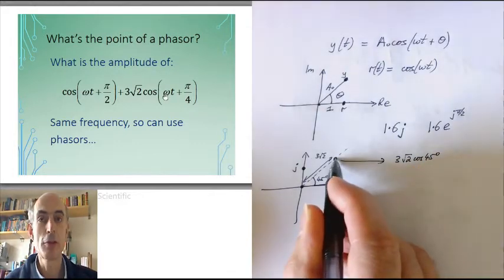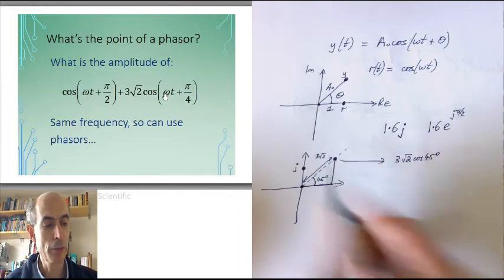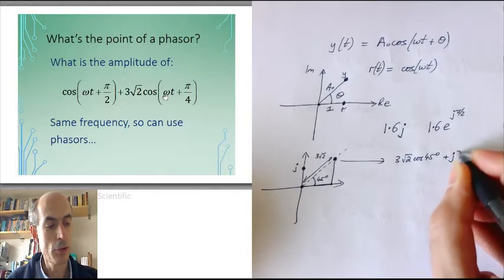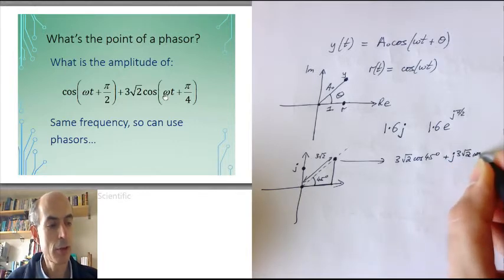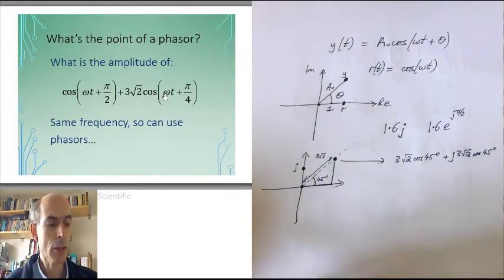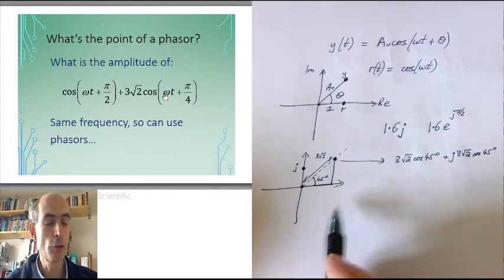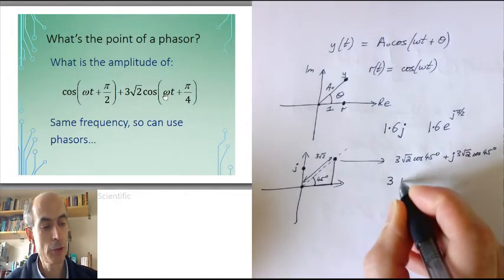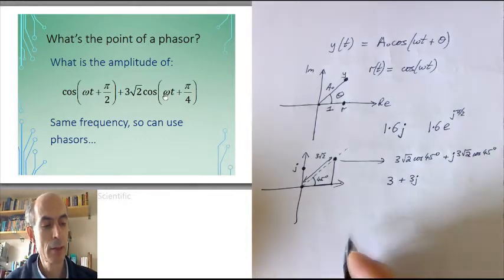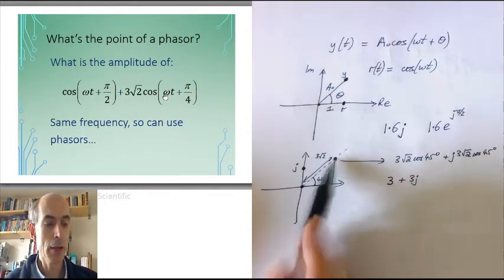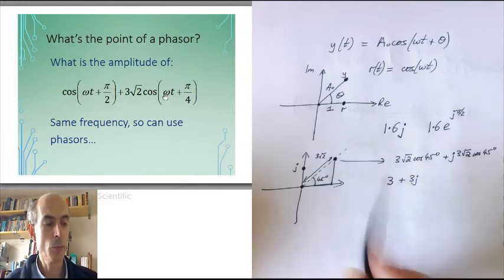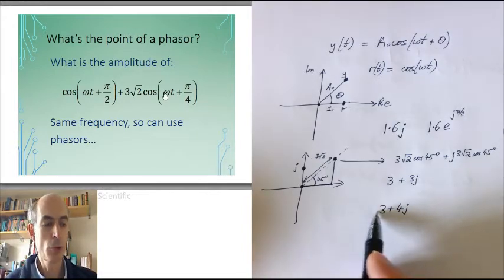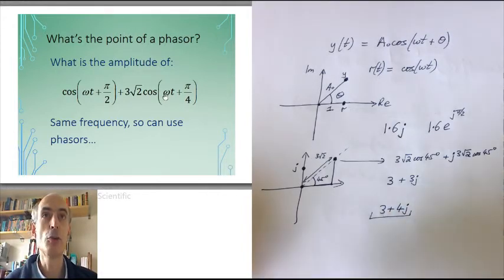And the imaginary part of this phasor, that's the length of this side of the triangle, is j times 3 root 2 times sine of 45 degrees. Well, cosine of 45 degrees is 1 over root 2. So this is in fact just equal to 3 plus 3j. That's this phasor here. If I add this phasor, I would end up with 3 plus 4j. So that must be the phasor which represents the sum of these two cosine waves.